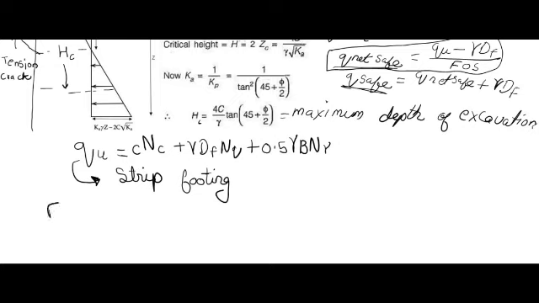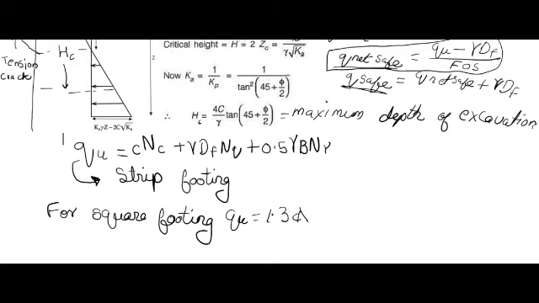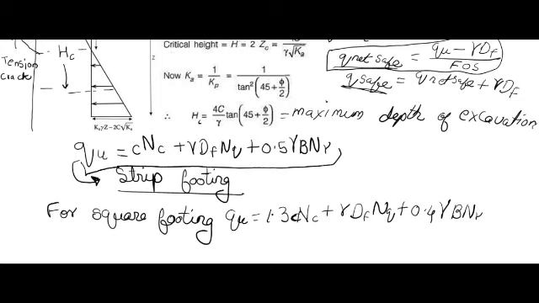For square footing, Qu is given as 1.3 times cNc plus gamma Df Nq plus 0.4 gamma B N gamma. So for strip footing, the ultimate bearing capacity is given as cNc plus gamma Df Nq plus 0.5 gamma B N gamma.